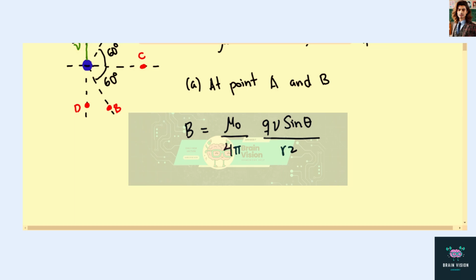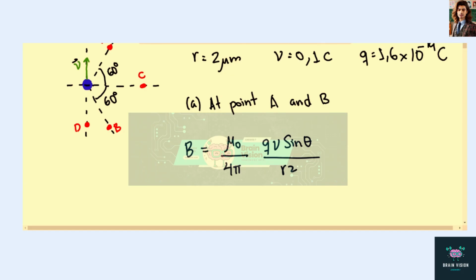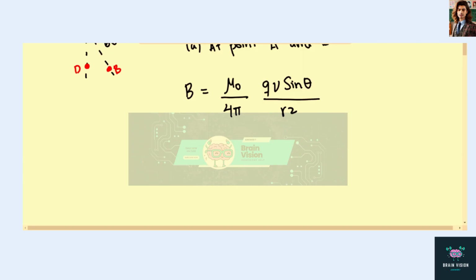Where the angle theta is the angle between the vector of the velocity and the vector of the distance to the point where we want to measure the magnetic field. So the magnitude can be obtained from this expression, and the direction can be obtained from the right-hand rule. So first we are going to obtain the magnitude.